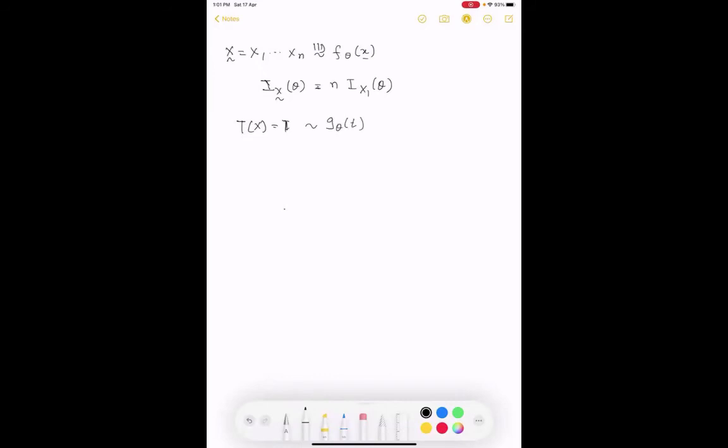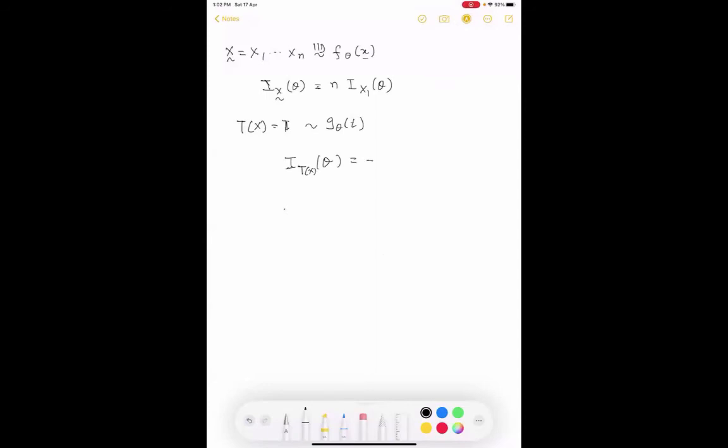So can I say that since it is a distribution, it has its own Fisher information? So I can compute the Fisher information I T of theta, whatever that might be. I can always compute that.